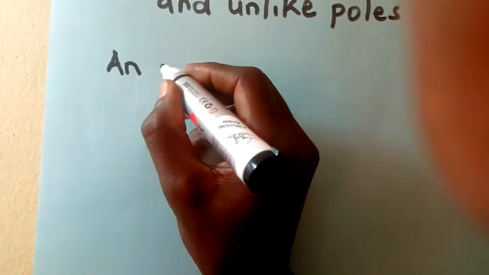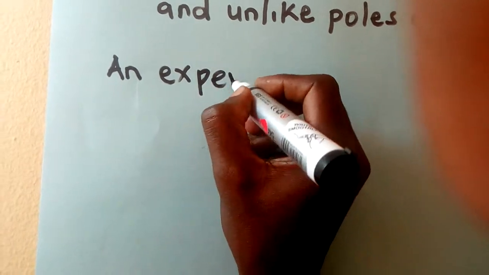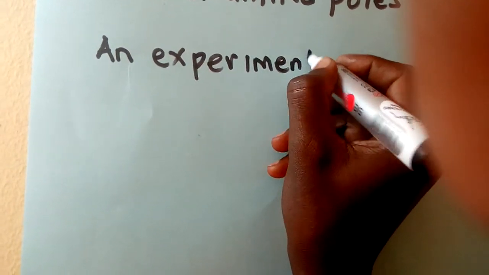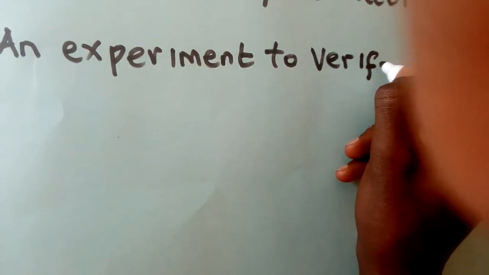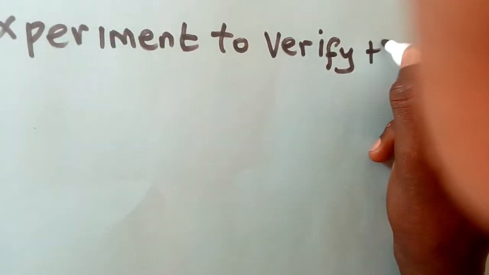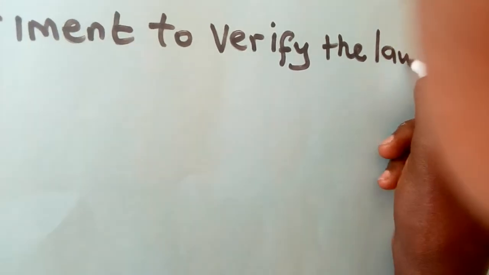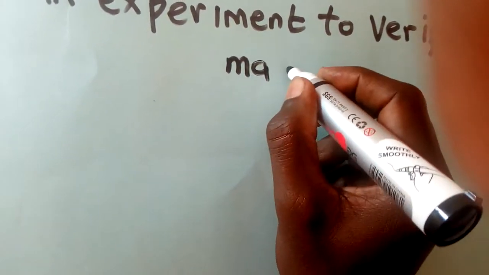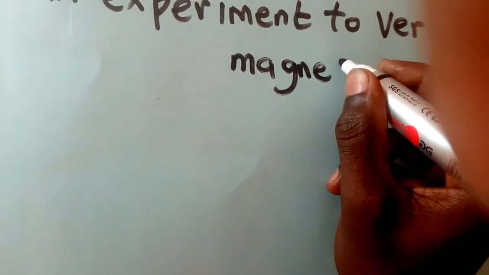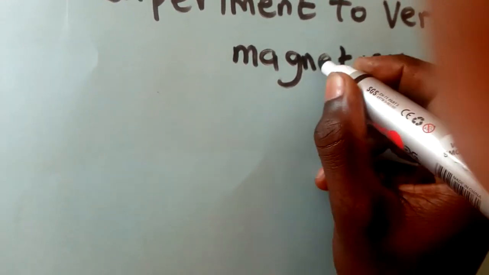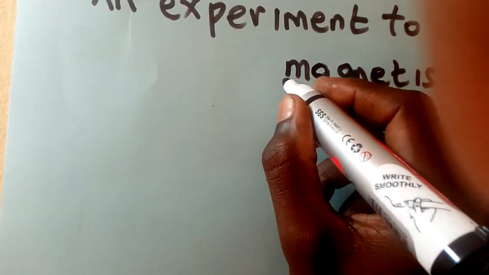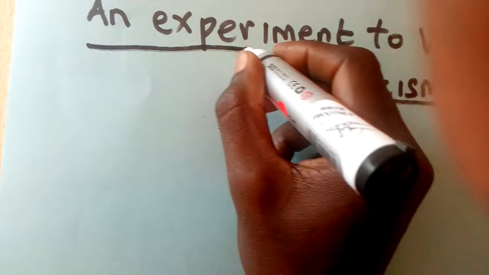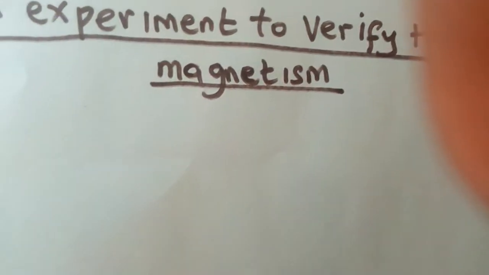So our heading will be an experiment to verify the law of magnetism. Before a law is stated, there is an experiment which is carried out to prove that the law is correct.